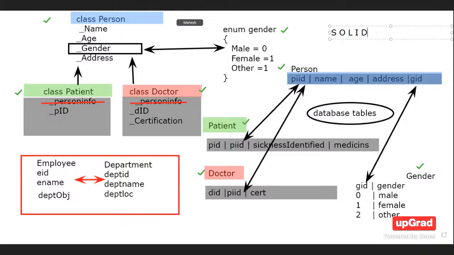Getting the department location, or getting the department branches, is not the employee's concern. That's the department's concern. So let's not burden the employee with functionality the employee should not have. Let us isolate it and create a separate class called department. That's where the single responsibility principle comes into the picture.